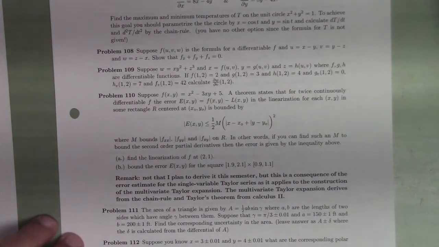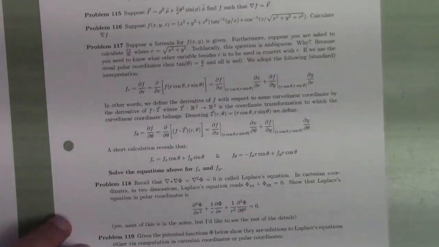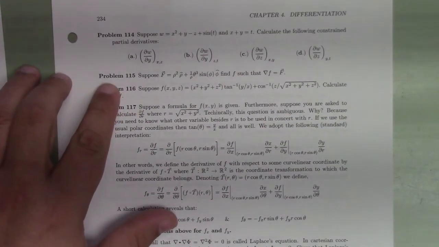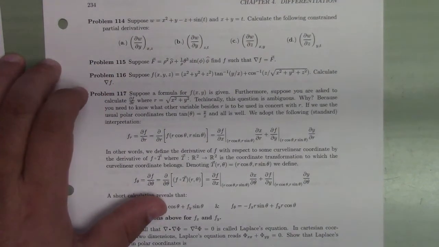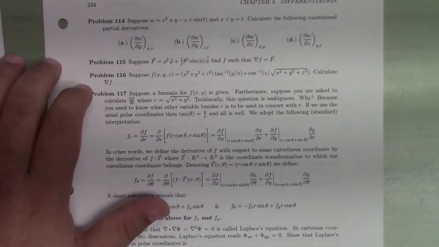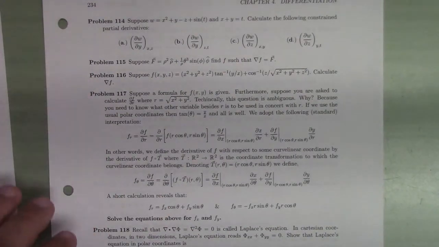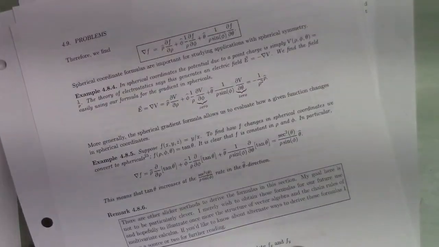I can't remember if I have any or not. Oh, here's one. Maybe problem 115 will give you an additional example of what we were just doing. And problem 116, I would look at problem 115 and problem 116 to better understand this lecture. All right?